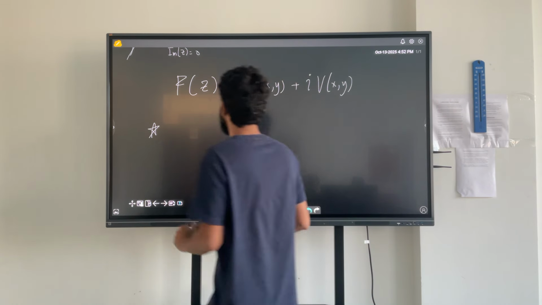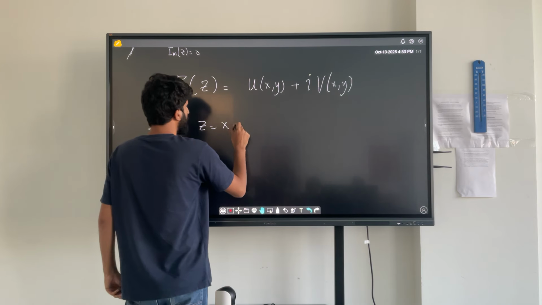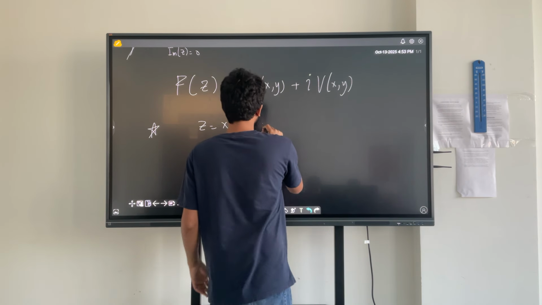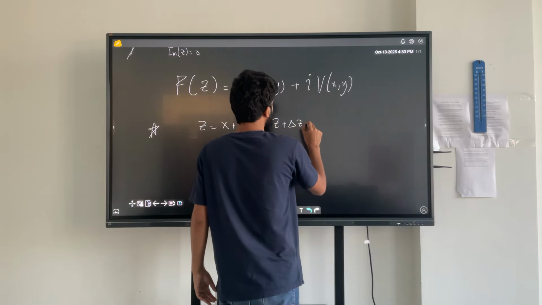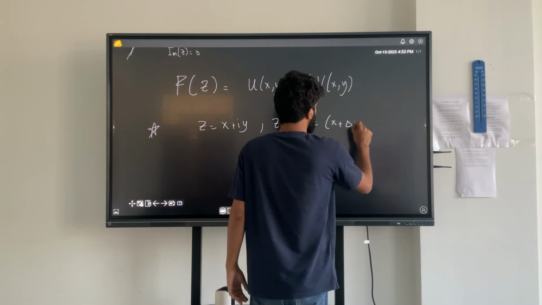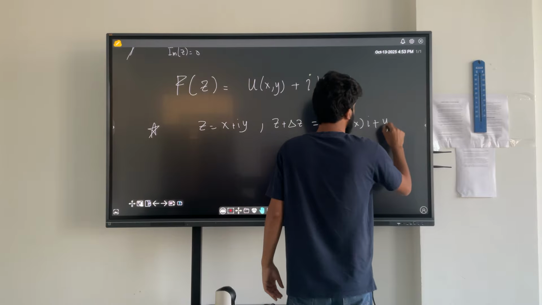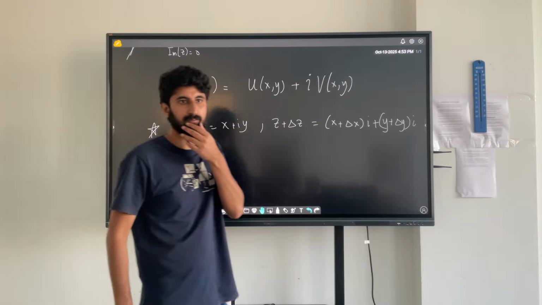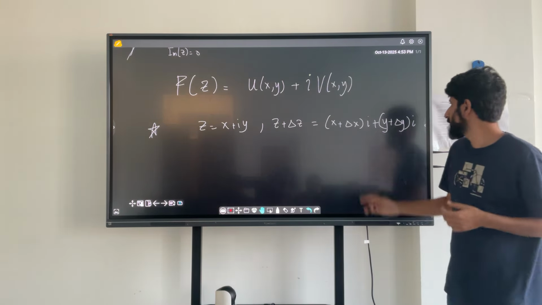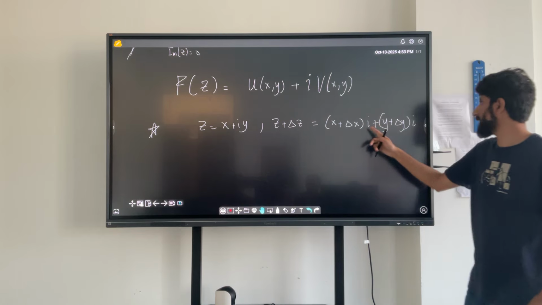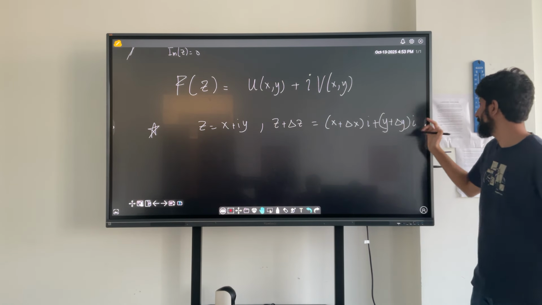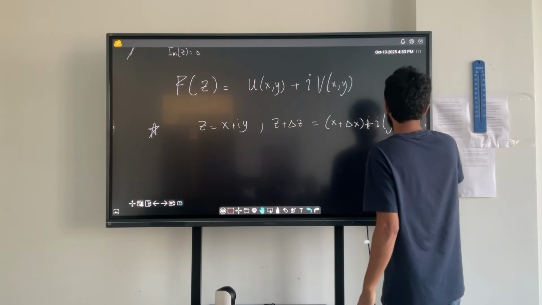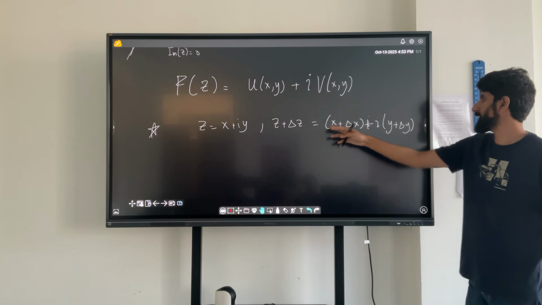Let's say my z is x plus iota y, and I move from z to z plus delta z, which is x plus delta x plus iota times y plus delta y.